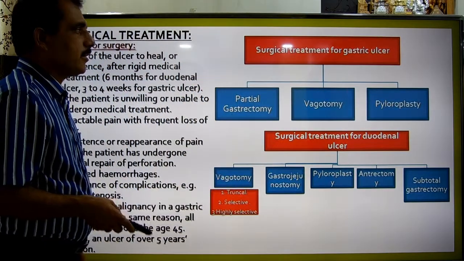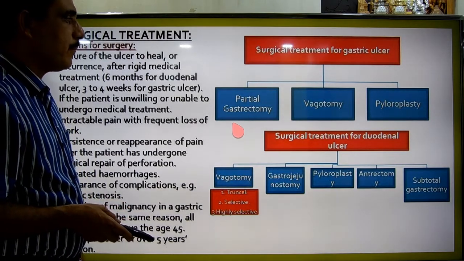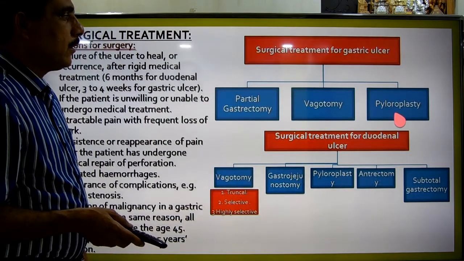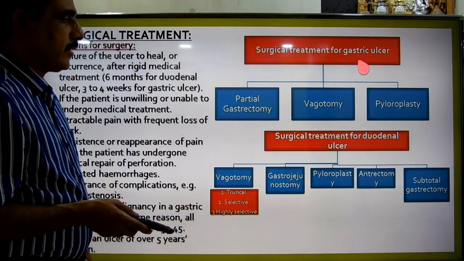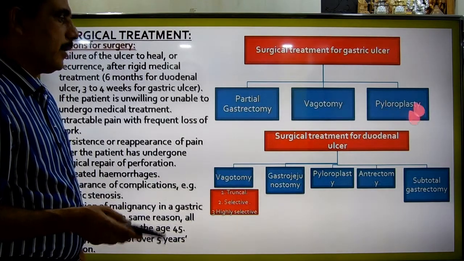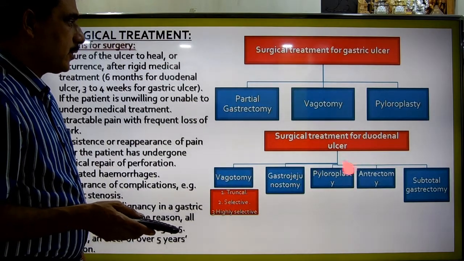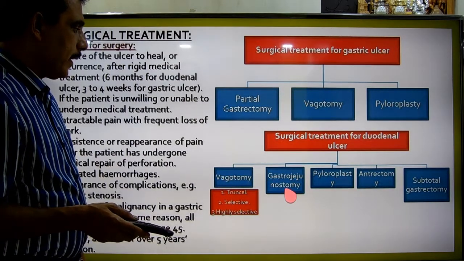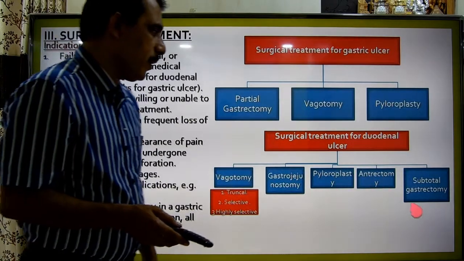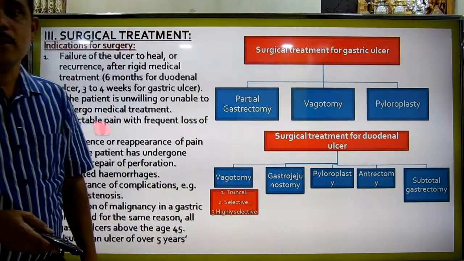Now what is the choice of the surgical treatment? One is partial gastrectomy, vagotomy, and pyeloplasty in case of gastric ulcer. But in case of duodenal ulcer, the surgical treatment is vagotomy, gastrojejunostomy, pyeloplasty, then enterectomy, and subtotal gastrectomy.